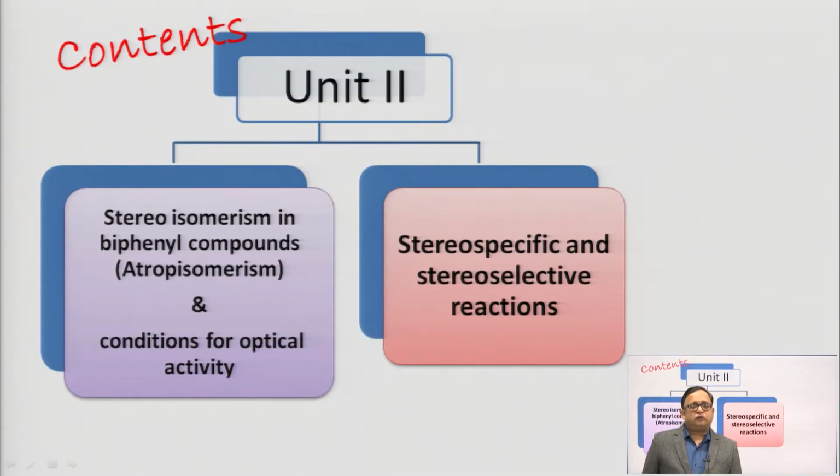Next, this unit also deals with stereoisomerism in biphenyl compounds, also known as atropisomerism, condition for optical activity, and stereospecific and stereoselective reactions. For easiness, this complete unit is divided equally into 8 lectures.